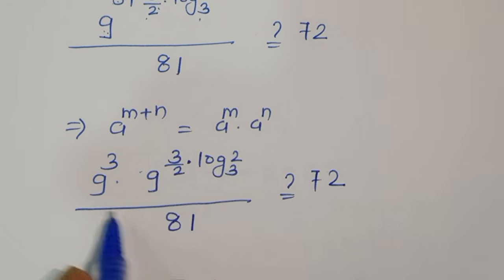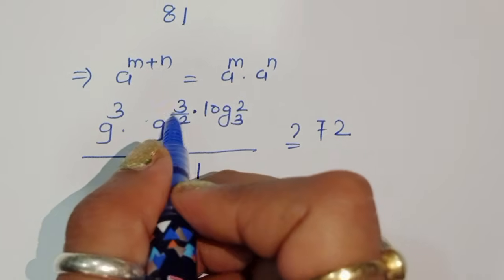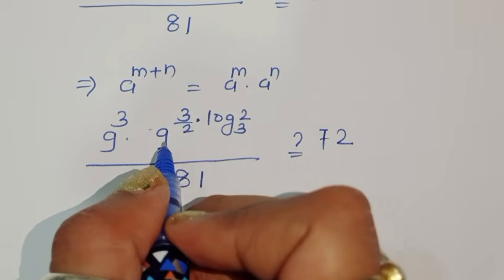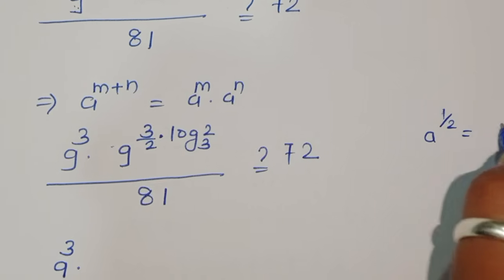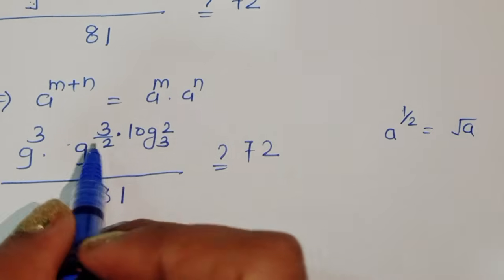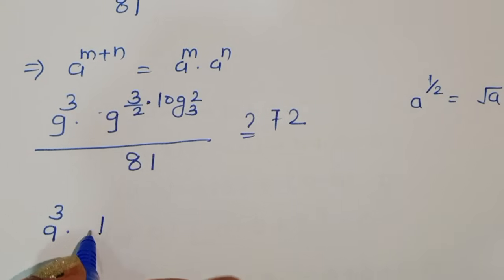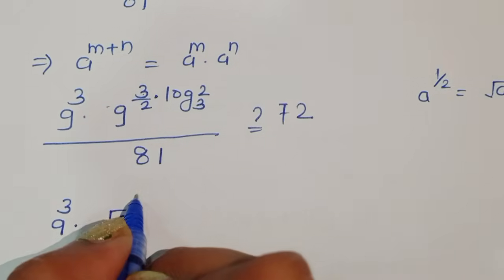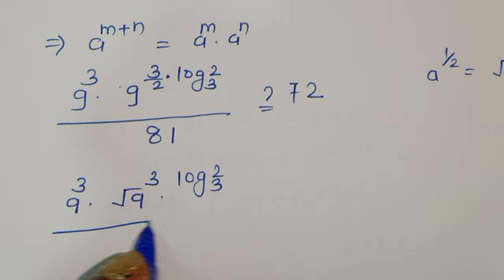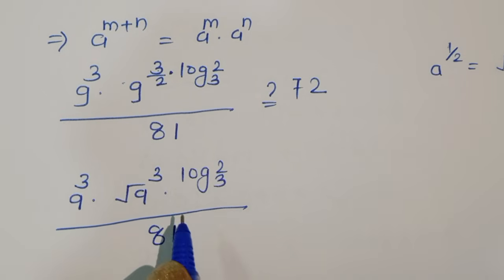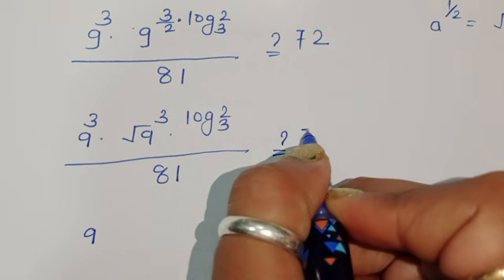Now 9 power 3, so we can write this one as 9 power 3 times 9 power 3 by 2. So this is by 2, 1 by 2. If we have a power 1 by 2, we can write it as the square root of a, right? So we can consider this as 9 power 1 by 2, that is, it will become the square root of 9. So 9 power 3 times log of 2 to the base 3, divided by 81, question mark, 72.